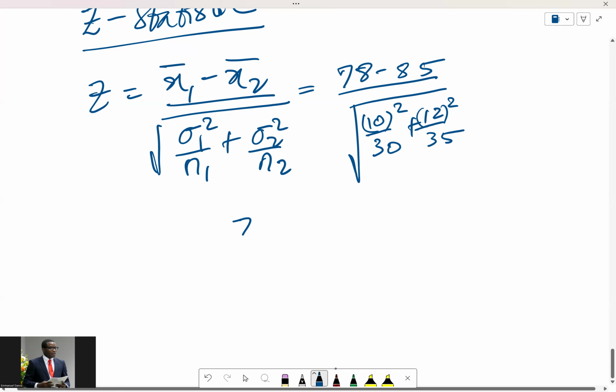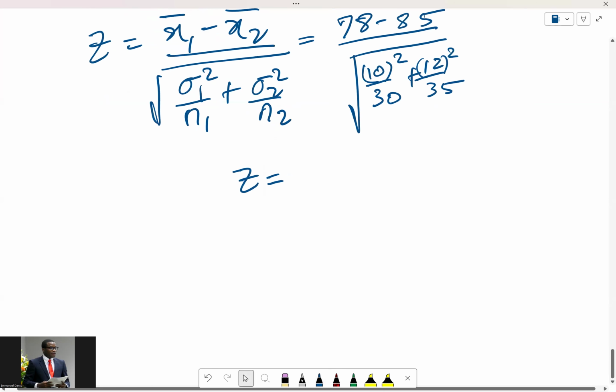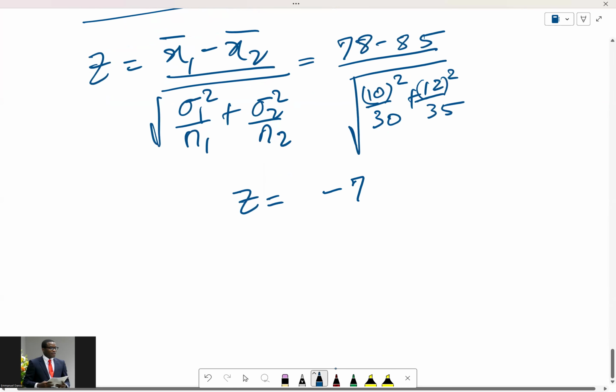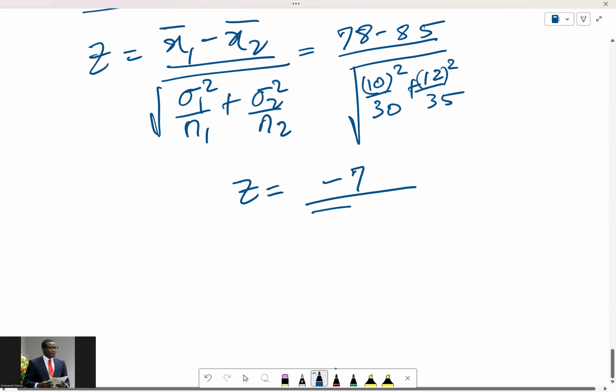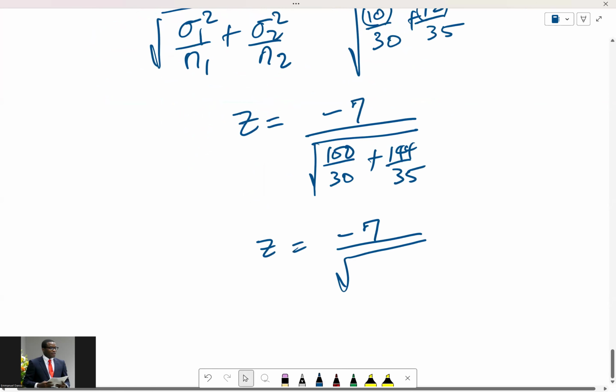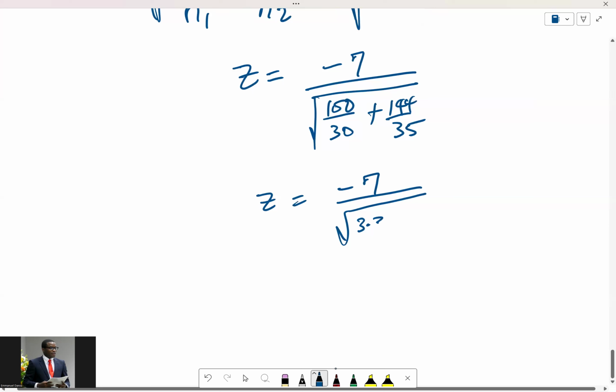Okay, so the Z statistic would now be, of course, 78 minus 85 is minus 7 divided by square root of 10 squared is 100 over 30, 12 squared is 144 over 35. And then that is Z equals minus 7 over square root of 100 divided by 30 is like 3.33, then 144 divided by 35 is like 4.1143.